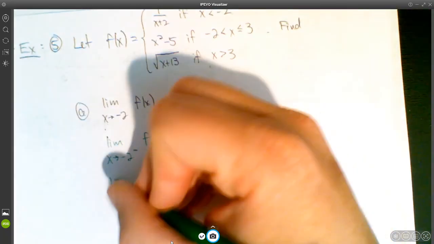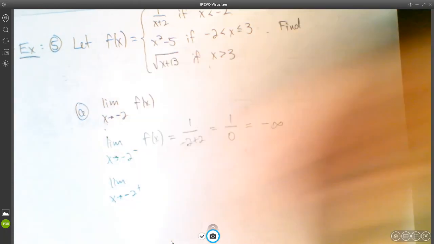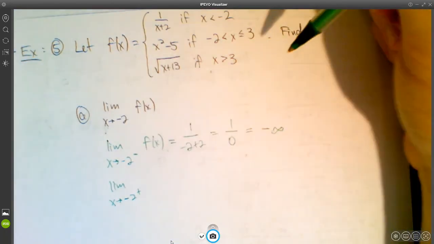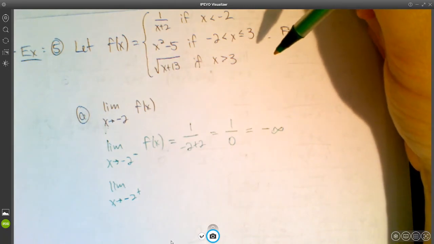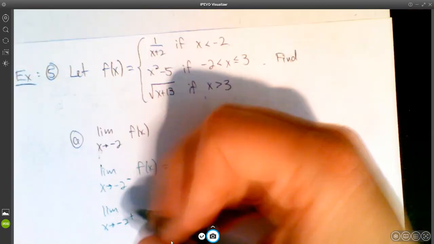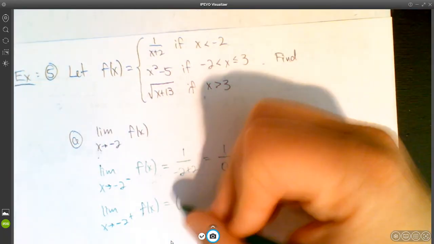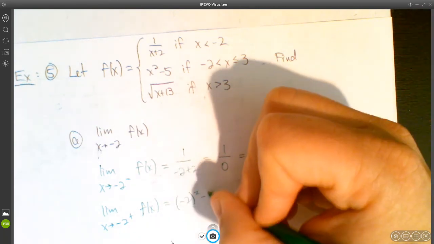What's happening as we approach from the right, I wonder? If I'm approaching from the right, then that means I'm slightly bigger than negative 2, so I would be using the middle rule here. So the limit as x approaches negative 2 from the right is going to be negative 2 squared minus 5. That one's a little easier, right?